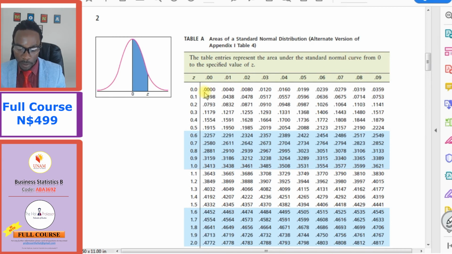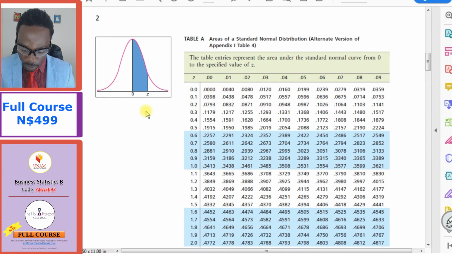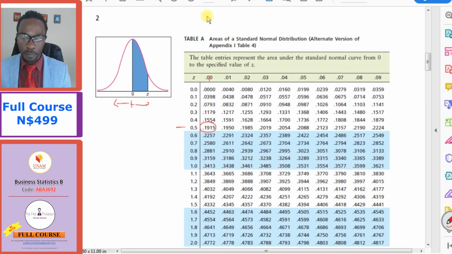We want 0.5, you can see it's here, and it corresponds to 0, 0 here. So what we want is this one here, 0.1915. It doesn't matter whether you're going from 0 to 0.5 or from 0 to negative 0.5, you will cover the same area.